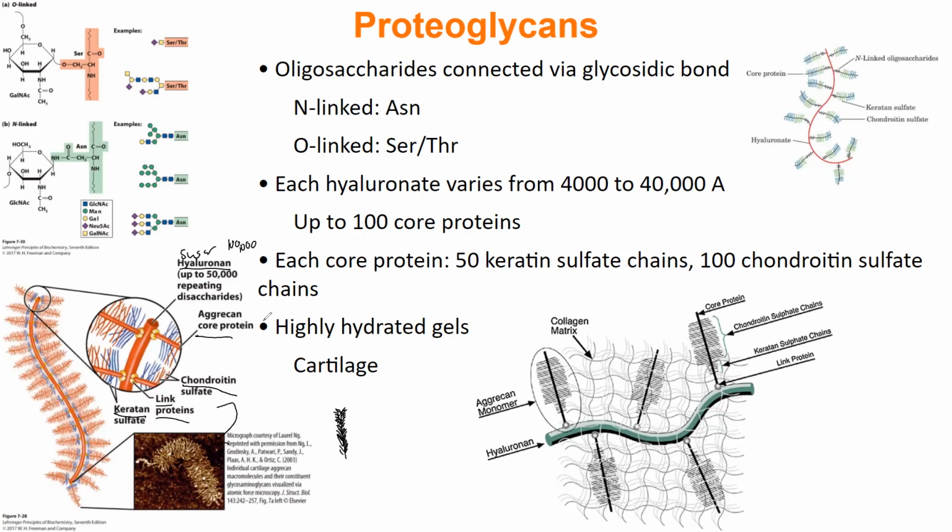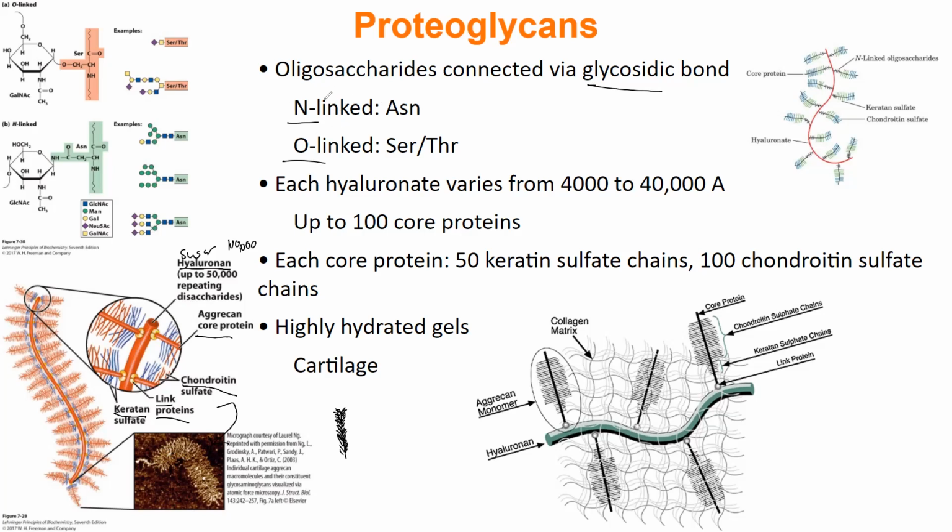And how do we connect our hyaluronate to our proteins? We do that through our friend, the glycosidic bond. We talked about that in Wednesday's lecture. For glycosidic bonds, there are only two ways to link: either N-linked or O-linked.